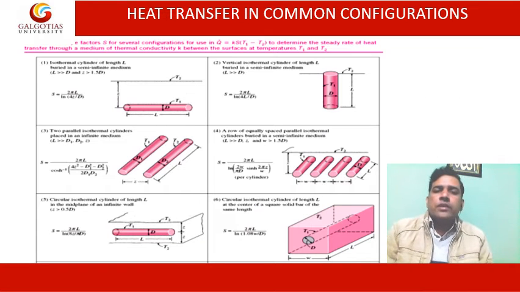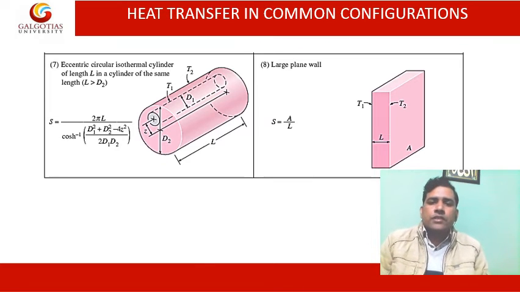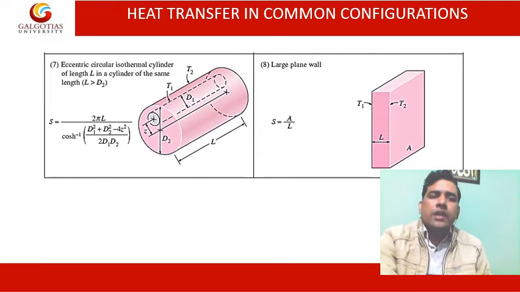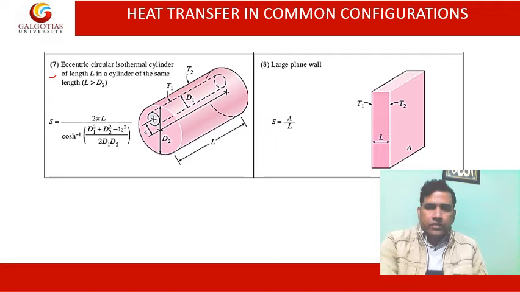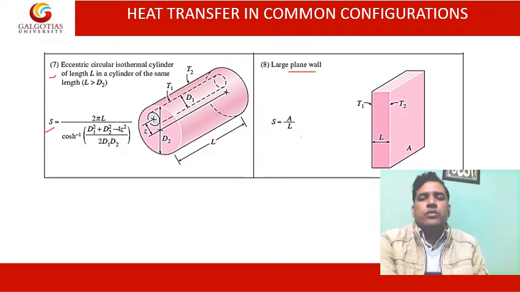So heat transfer in most common configurations, as we can see, is given here, and different types of shape factors are also mentioned over here. Then some more factors, like the shape factor for an eccentric circular cylinder of length L in a cylinder of the same length, is given here, and for the large plane wall it is given over here.